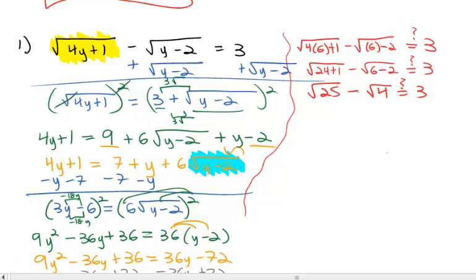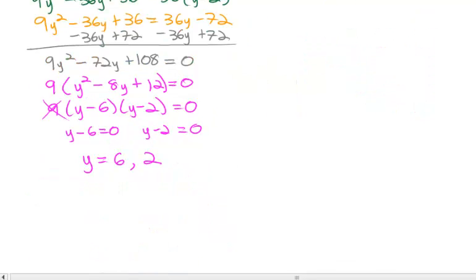And sure enough, the square root of 25 is 5. The square root of 4 is 2. It does equal 3. So our first answer of 6 is a good answer.